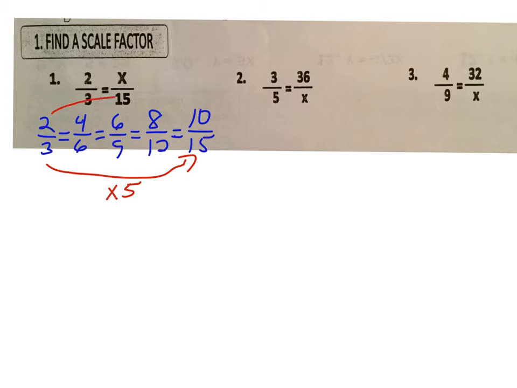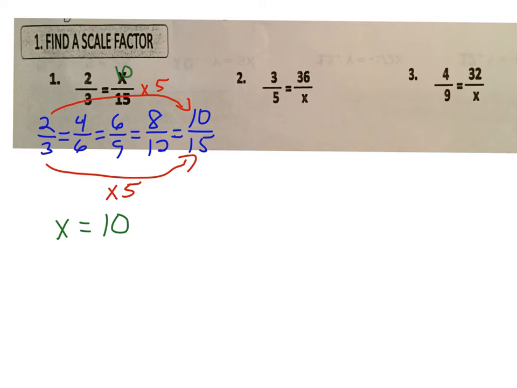So you could jump and say, well, 2 times the same number of 5 will get you 10. And so this has a scale factor of 5. Your answer is x equals 10 because that's what number would go right there. Just don't write it in there. Just rewrite it separately like this and say x equals 10. Then you will know that's supposed to be a 10.